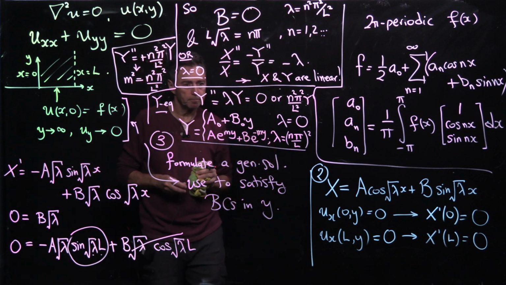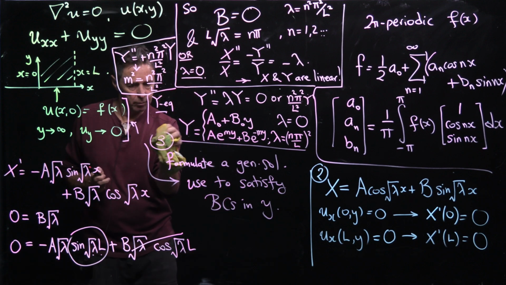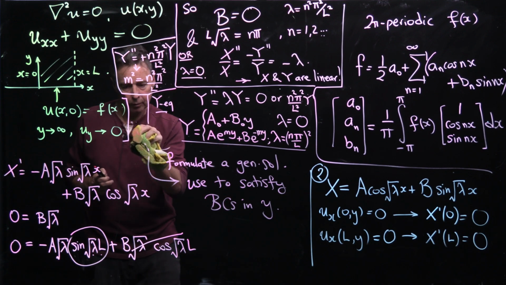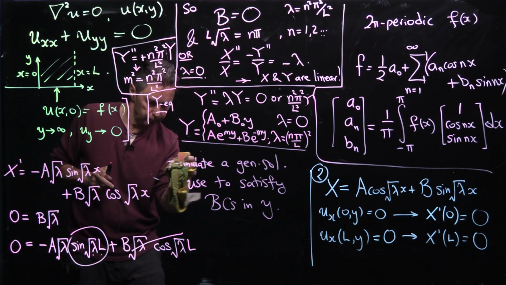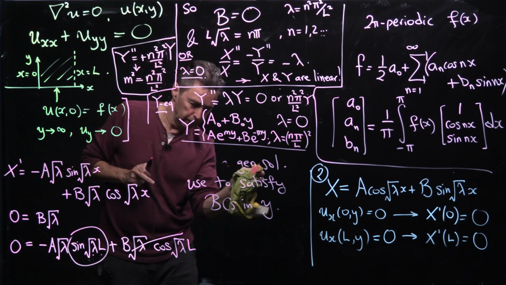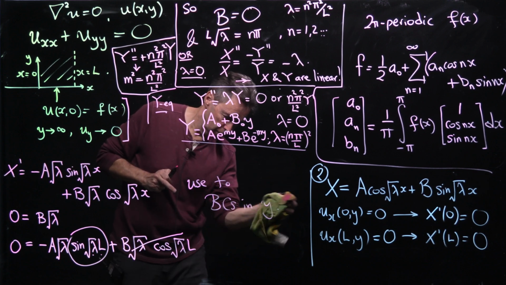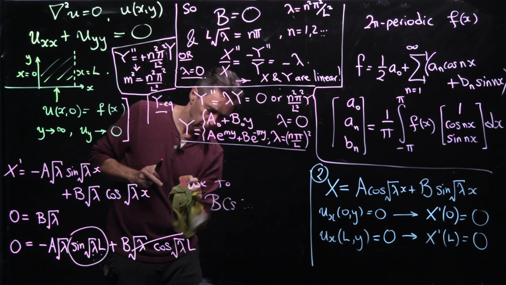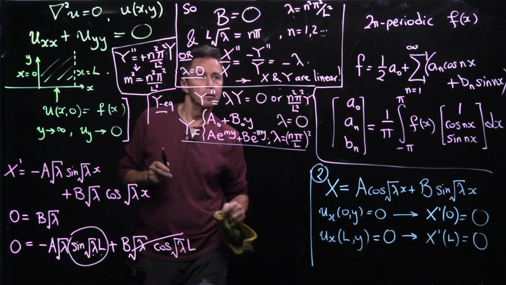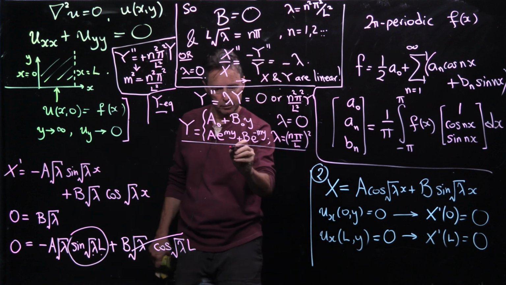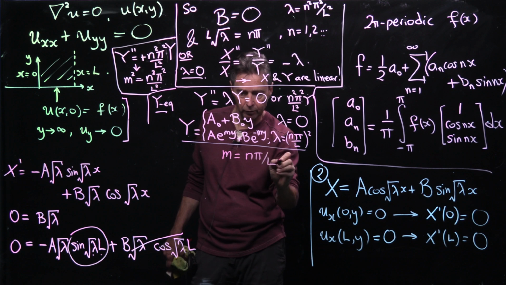I get it straight from there. Right, I need a general solution, so I'm going to do that next. Okay, so m is n pi over L.